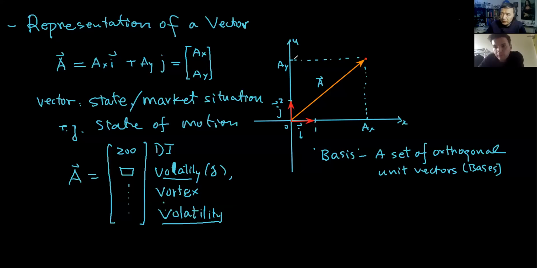No one can stop you from choosing this particular coordinate. Or if you wish, you can choose your x-axis along a different direction. So this is your x now. No one can stop you from choosing a different x-axis.